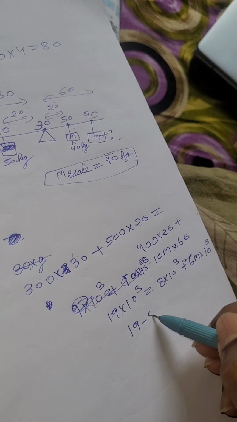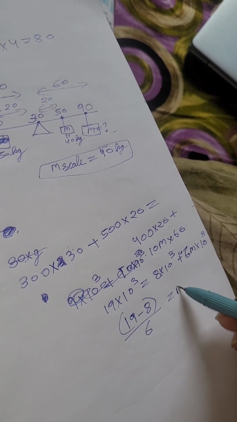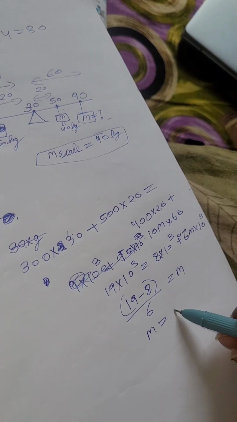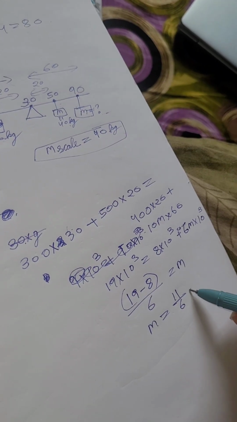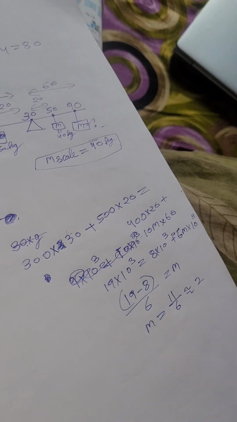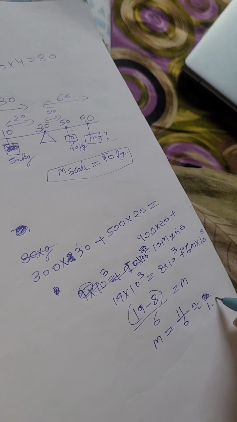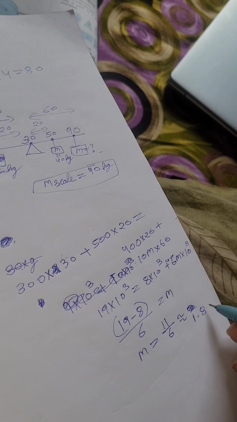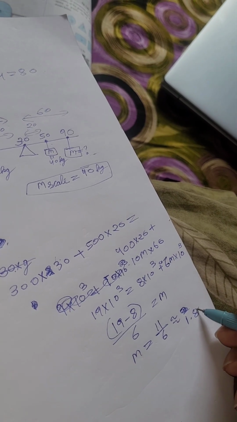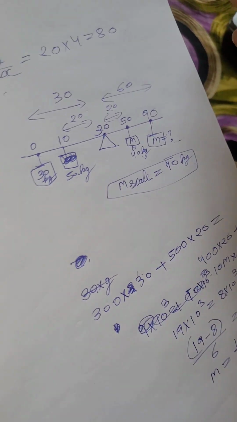So 19 minus 8 divided by 6 equal to m. M is coming out to be 11 by 6, that is approximately 2. I am not calculating it out. If I calculate, it will be 1.83, approximately 2.